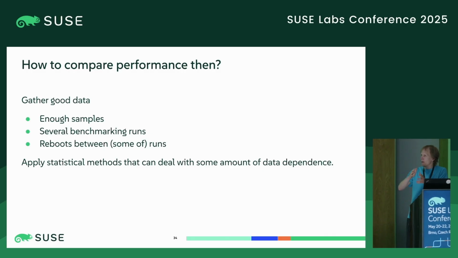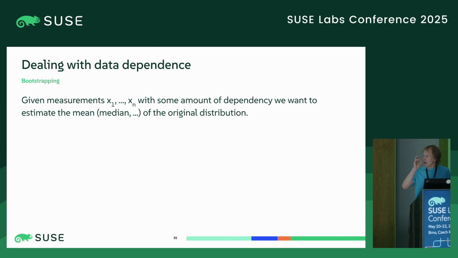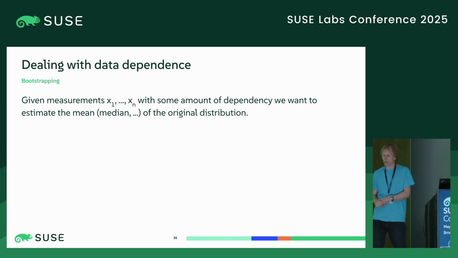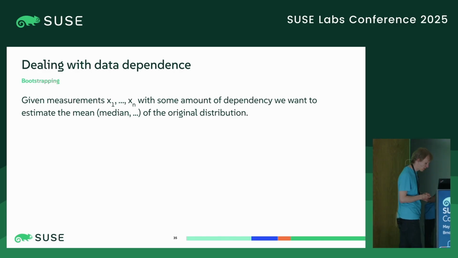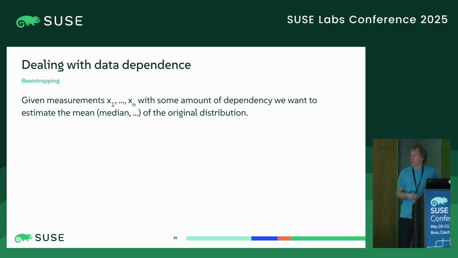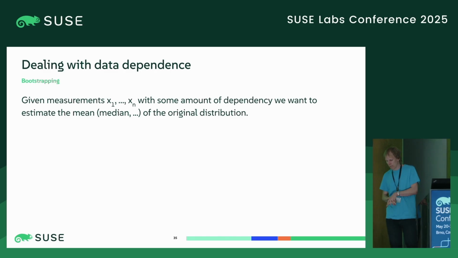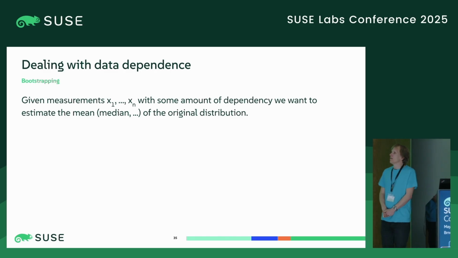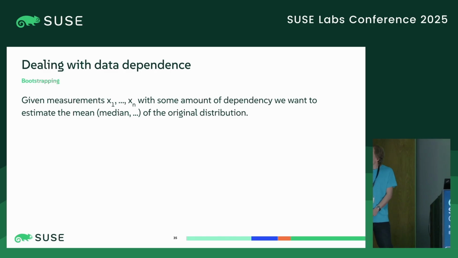But then you have some amount of dependence in your data, so you still cannot strictly use the t-test, and you have to use some more advanced statistical method which can deal with at least some amount of dependence in your measured data. And for this, there is a statistical method called bootstrapping. There are actually several more methods which can be used, but bootstrapping is the one which we use inside tests to deal with this.